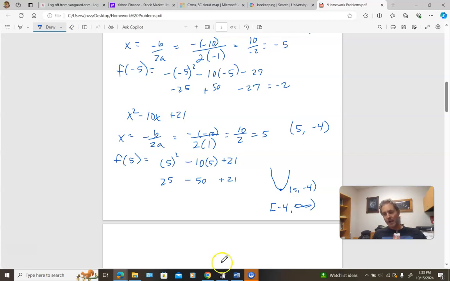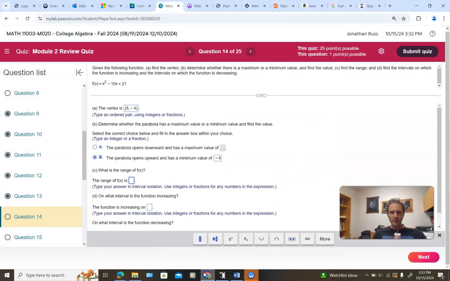And you want to use a bracket because you're including the -4, okay? And so, let's see, I need a square bracket. Yep, you can type it there, -4, comma, then I'll get the infinity symbol from my math palette.